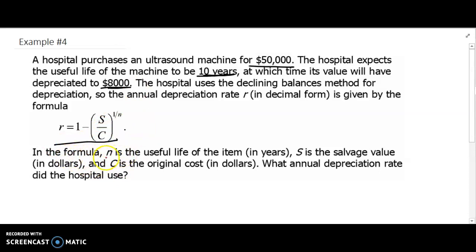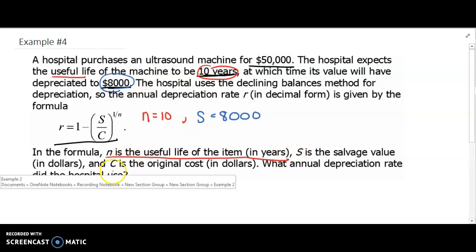In the formula, N is the useful life of the item in years. It says here the useful life is 10 years, so our N is 10. S is the salvage value. At the end of those 10 years, what is its value? So S, the salvage value, is 8,000.